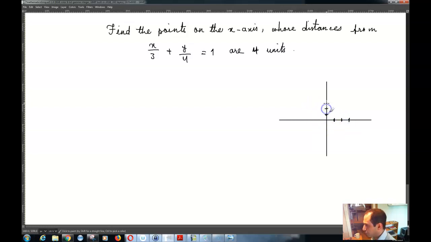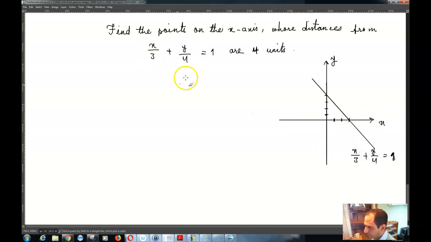So 1, 2, 3, and 4, and this is supposed to be your line. So this is x and y, and this line over here is x divided by 3 plus y divided by 4 is equal to 1.